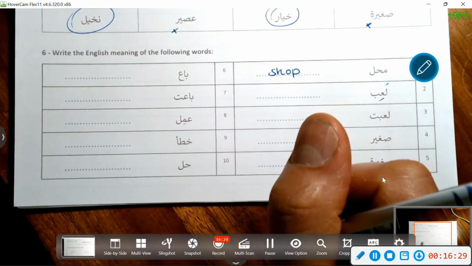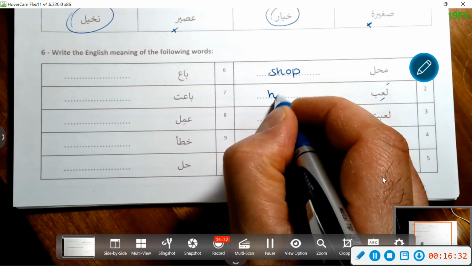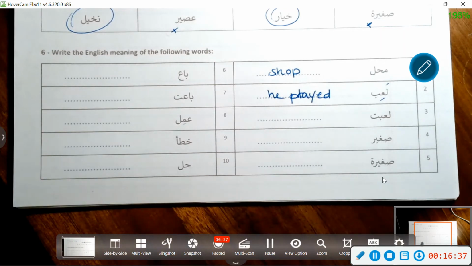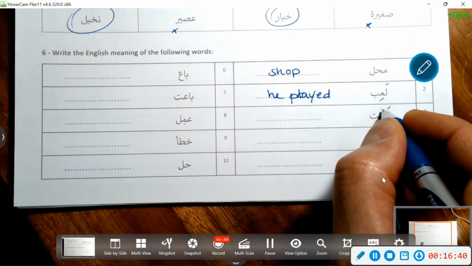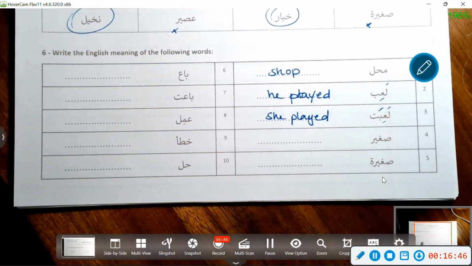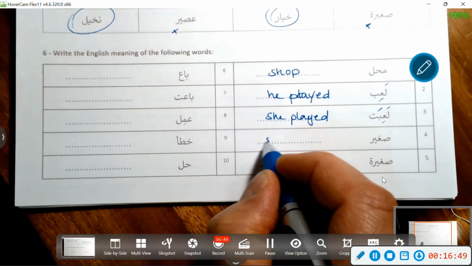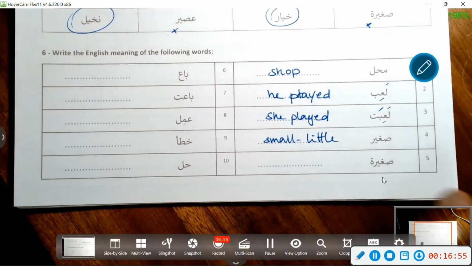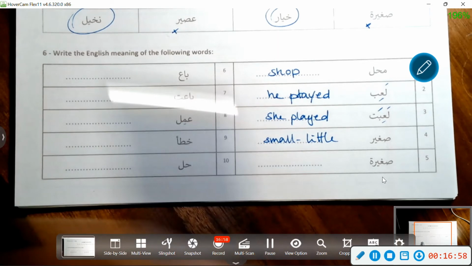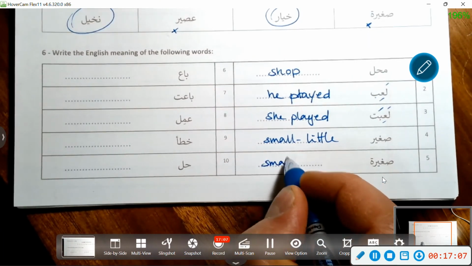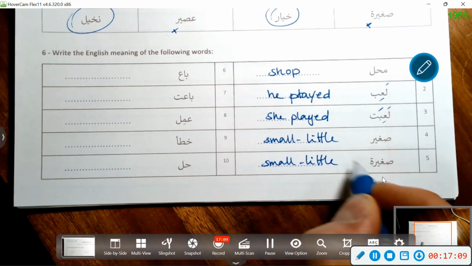He played. لعبت, she played. صغير, can say small or little. صغير, it could mean in size, it could mean in age. So الصغير is the young person. Also شيء صغير, it means something small. صغيرة, same thing, but because we have ta marbuta, this is feminine and this is masculine.